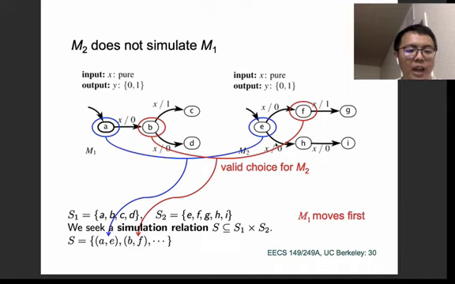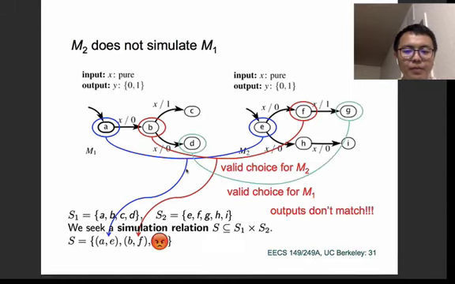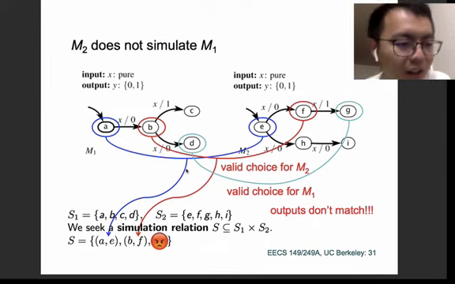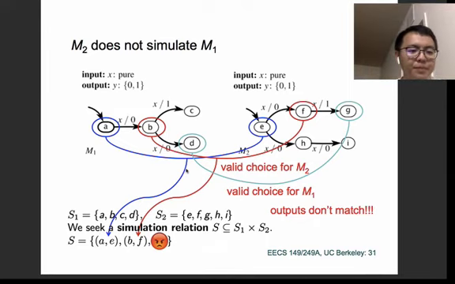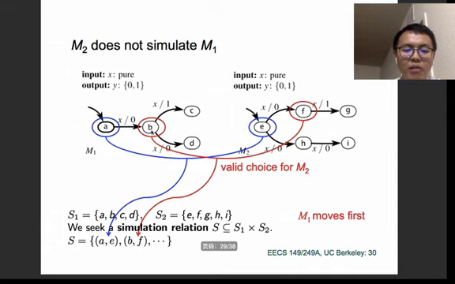Can M2 still simulate M1's move? No, it cannot. Because M1 may go to D, right? In this case, M1 may go to D, so the output is 0.